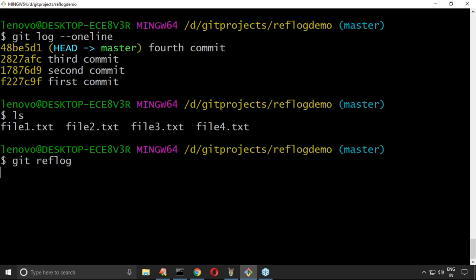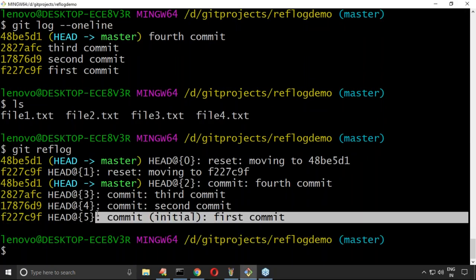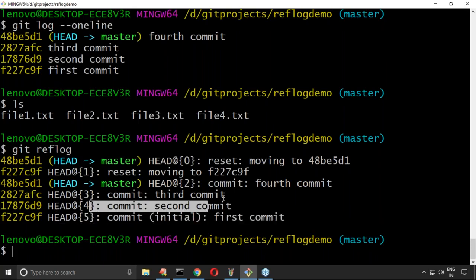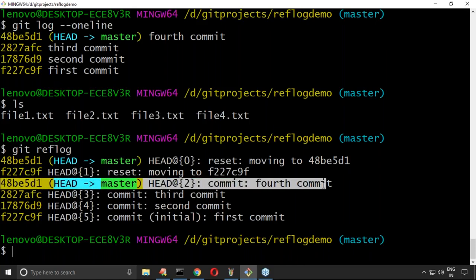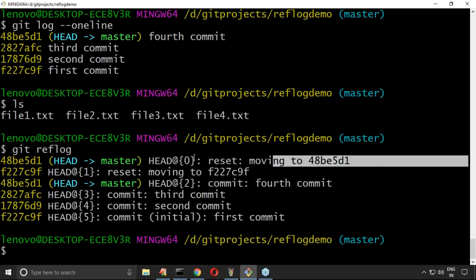Git reflog. Now you can see all, boss. First you did the initial commit, next you did the second commit, third commit, and then here, have you observed, this is the fourth commit. Now it is telling reset, we are moving to this state. Reset command we did. Again, we did reset command, moving to this particular state.